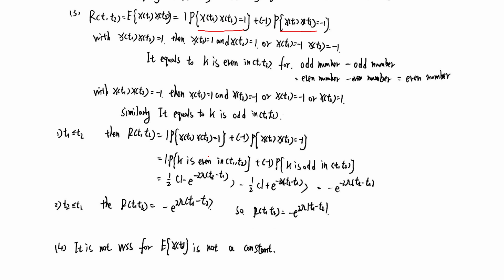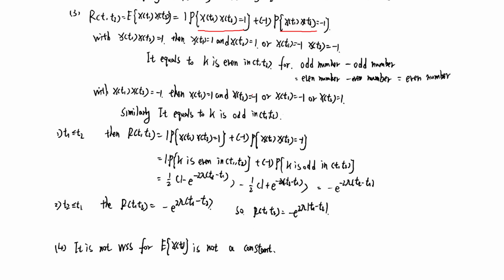So k equals n1 minus n2, and we know that n1 and n2 only have two different circumstances to make sure xt1 multiplied by xt2 equals 1. First, both n1 and n2 are odd numbers, and an odd number minus an odd number is an even number.